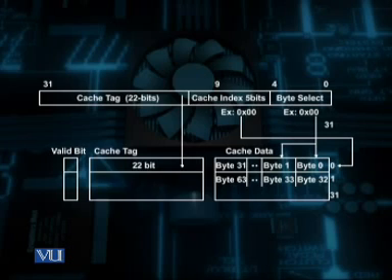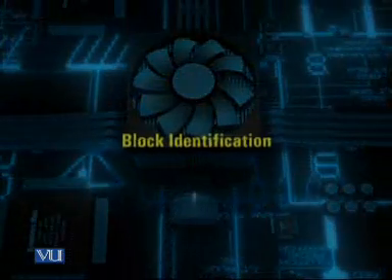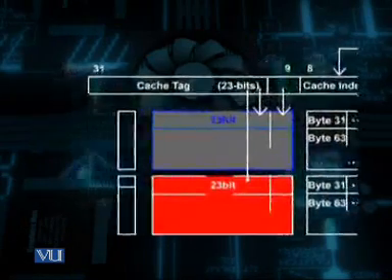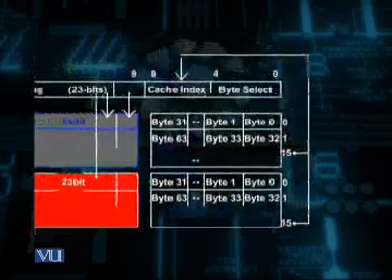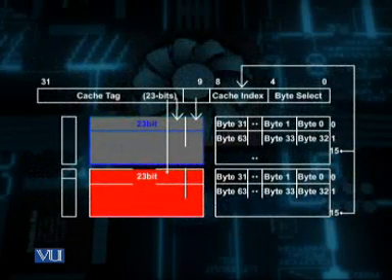Here, note that as the associativity increases, the index value shrinks and the tag expands. This can be explained with the help of this diagram for a two-way set associative cache. Here, let us reconsider our earlier example of 1K byte cache, which is reorganized as a two-way set associative cache.